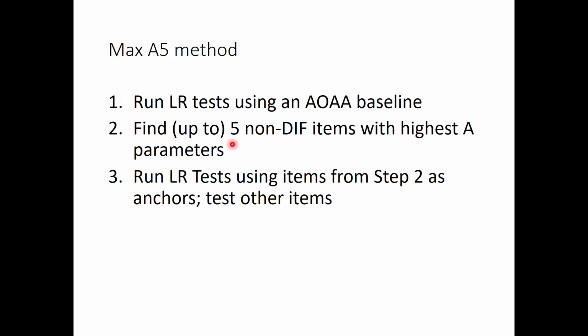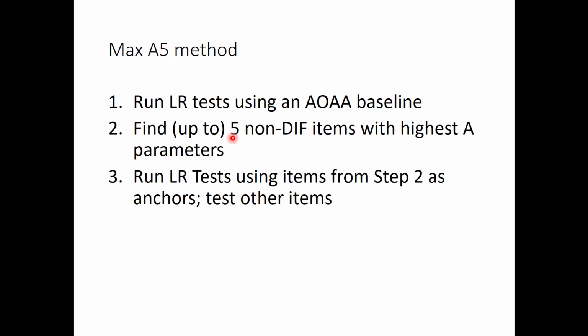Now, this number 5 was based on our simulation, but it worked out to be about 20-ish percent, 25% of the items. So if you only have 8 items in your scale, you probably don't want to use 8 for anchor items. You probably want to use something more like, I don't know, 2, 3, maybe 4 at the upper limit. And then when you're running your model, those anchor items don't get tested again, right?